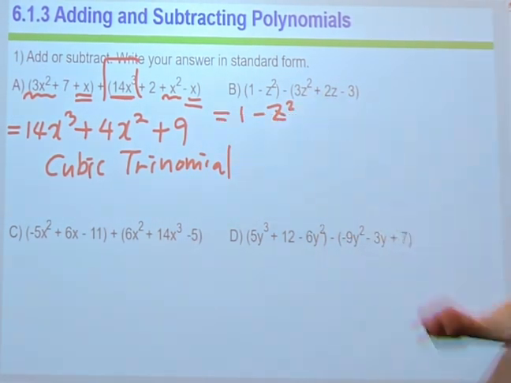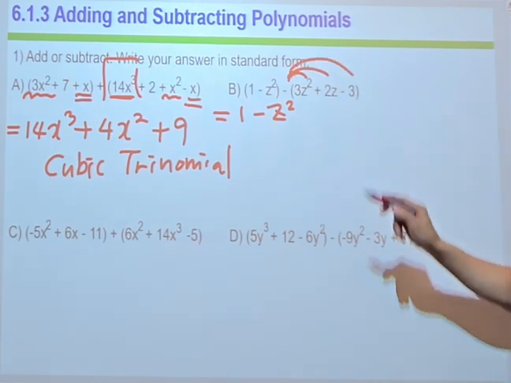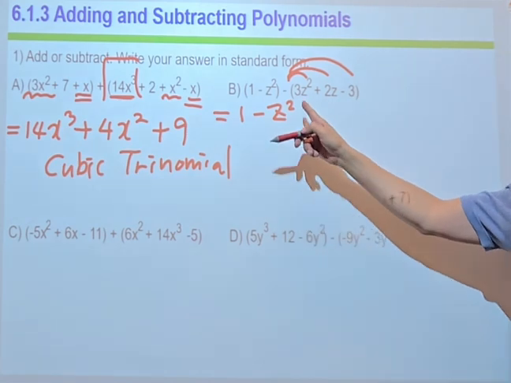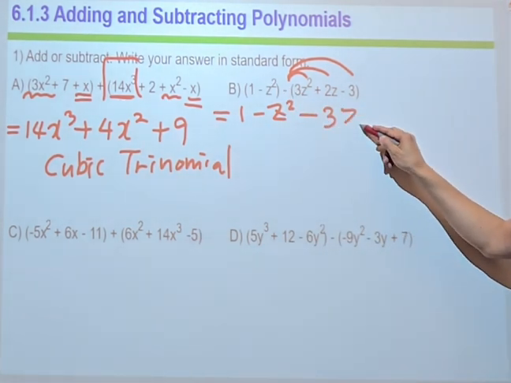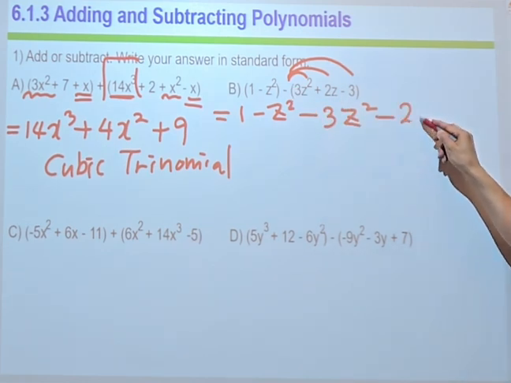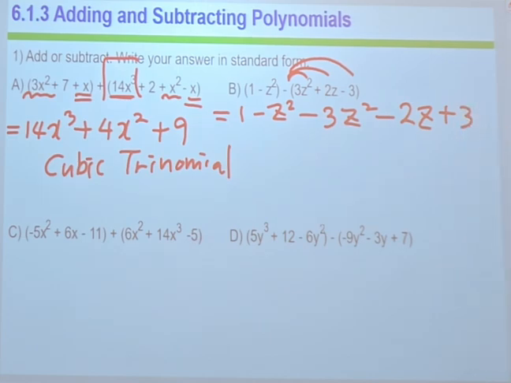But this one, you need to be careful. This minus should be distributed everywhere, like that. Got it? So sign first, negative plus negative 3z squared, right? Negative plus negative 2z. And negative becomes plus 3. Everybody got it?